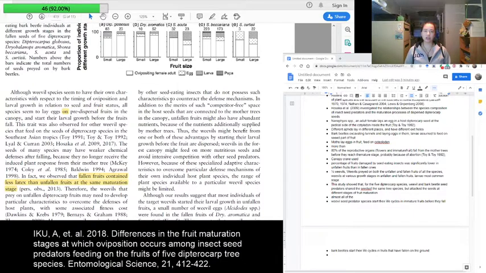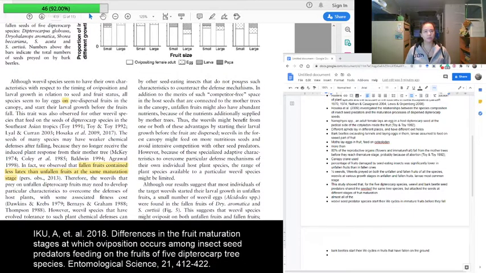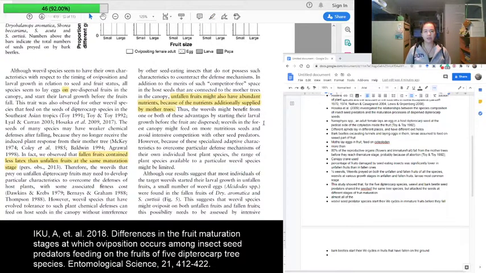So it's an advantage over one insect if they have the ability to put up with this chemical or not. In addition to the merits of such competitive free space in the host seeds that are connected to the mother trees in the canopy, unfallen fruits might also have abundant nutrients because of the nutrients additionally supplied by the mother tree. I'll put a little highlight on that for now.